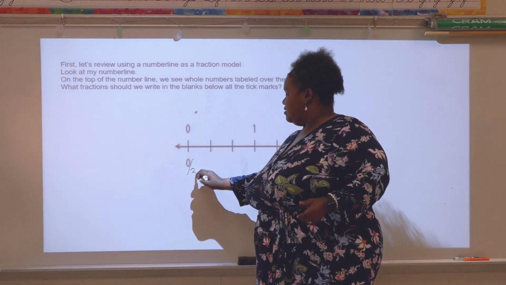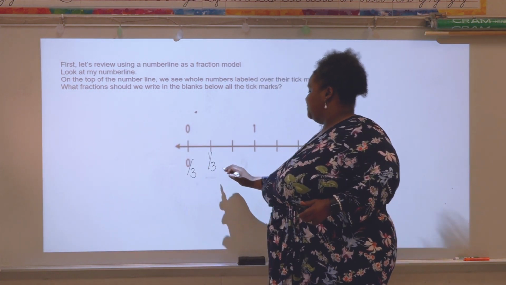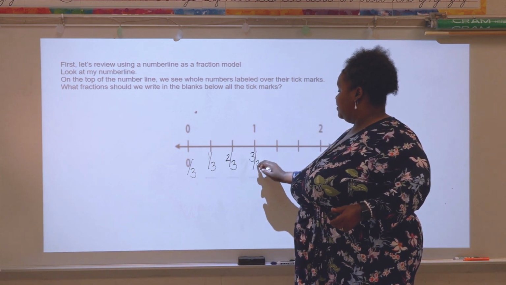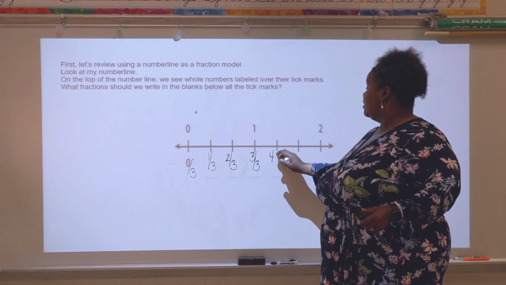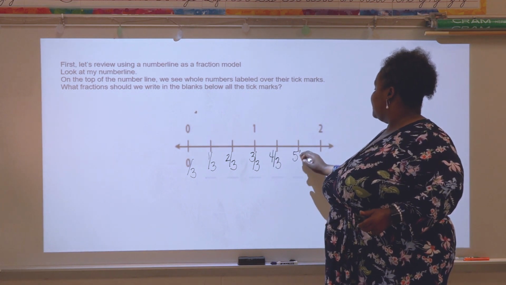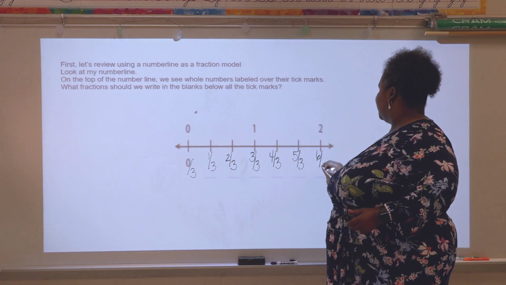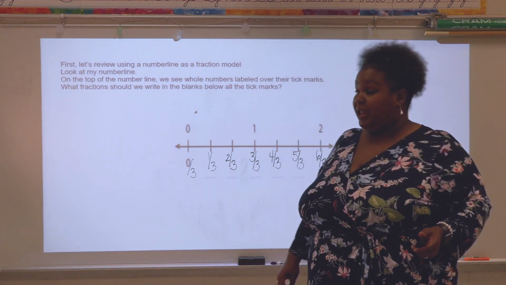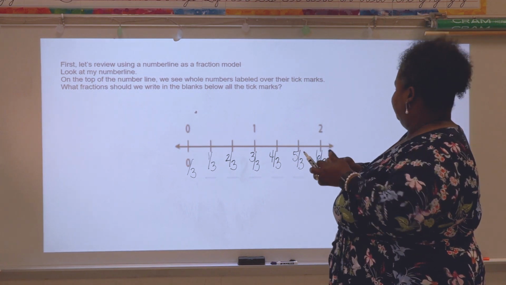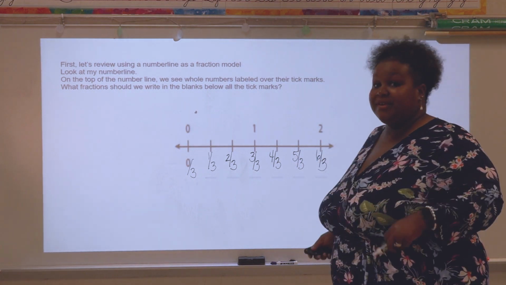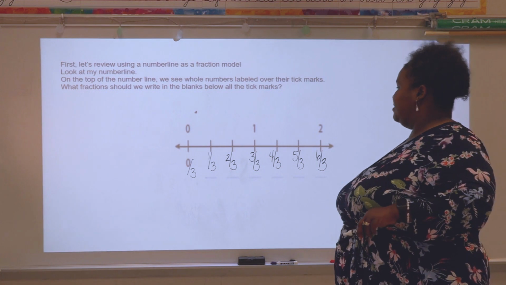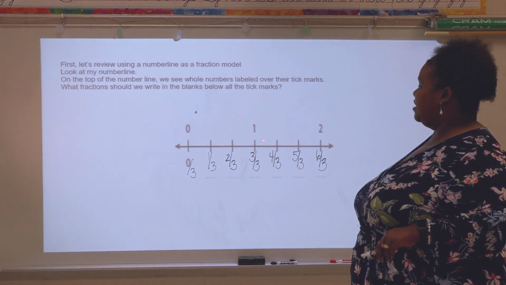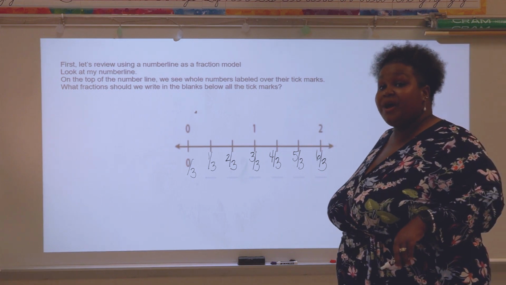0 thirds, 1 third, 2 thirds, 3 thirds, 4 thirds, 5 thirds, 6 thirds. I was able to label my number line. I'm noticing some equivalent fractions. This is at the same spot on my number line from the 0.